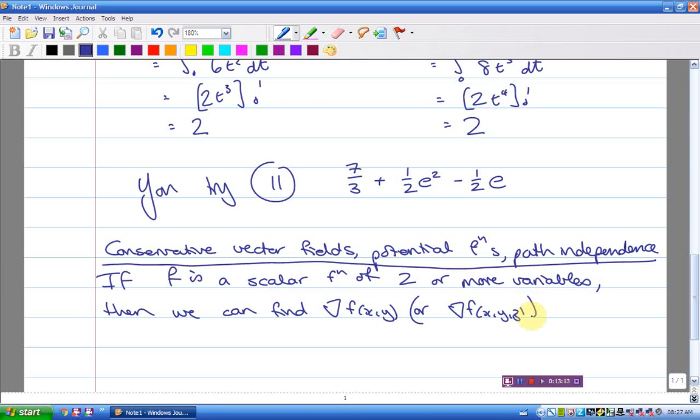If it's got 2 variables, then there are 2 possible derivatives, and we'll have a 2-component vector for the gradient function. If f is a function of 3 variables, of course, then there are 3 possible partial derivatives, and then our grad will be a 3-component vector, and so on for higher order functions. We call that grad or gradient.